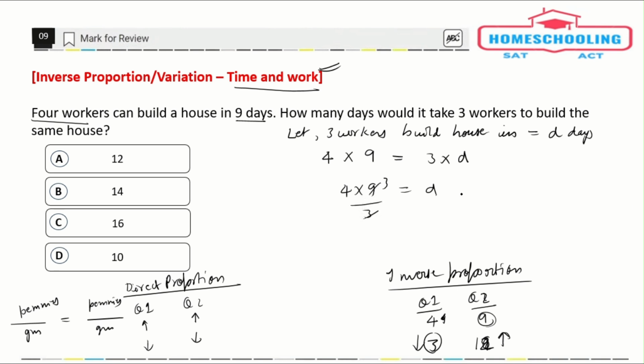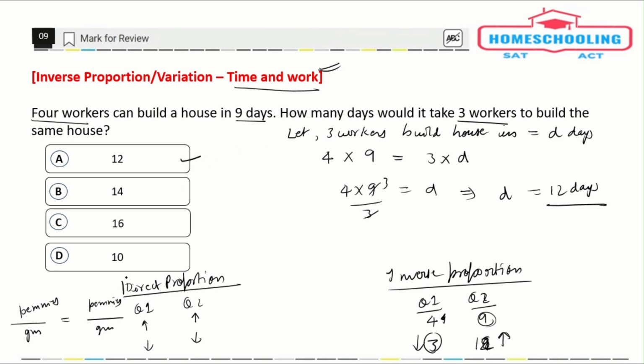So we can say that D is equal to 4 into 3, that is 12 days. As the question says, how many days would it take 3 workers to build the same house? If 3 workers are working, then it will take 12 days to finish the house. So option A is correct.